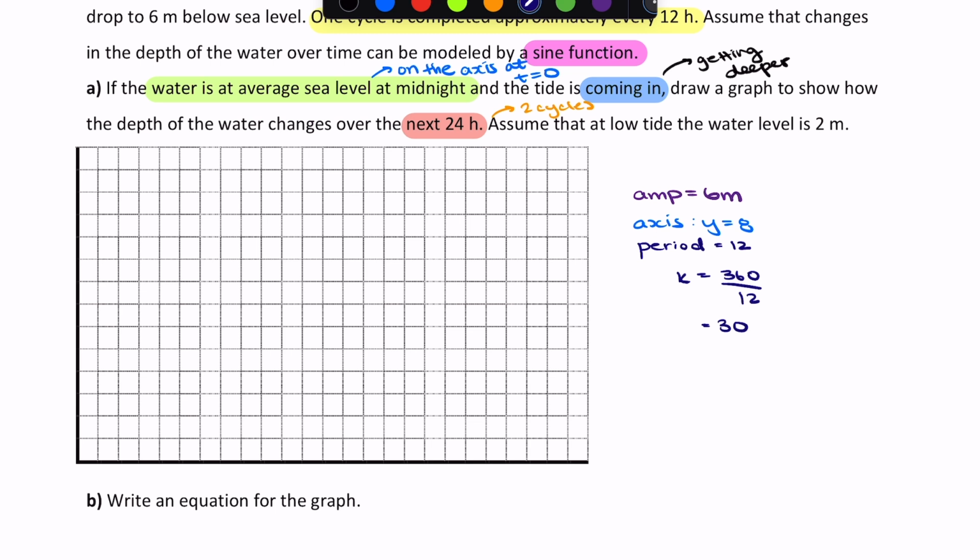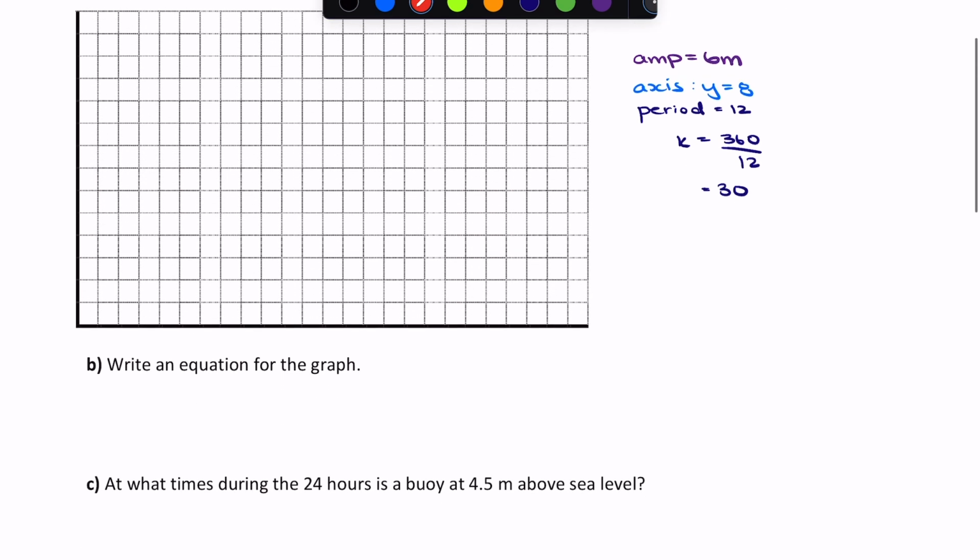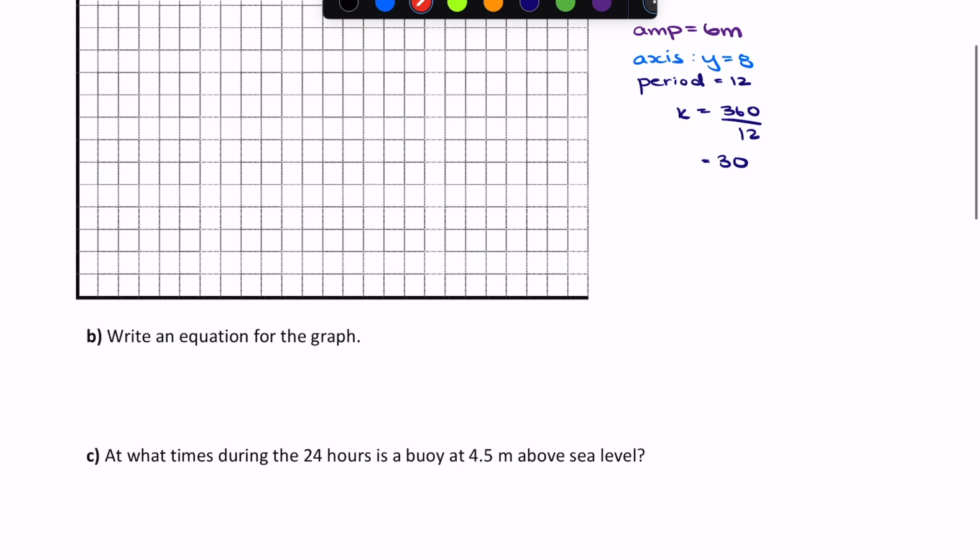Okay, so now let's label the graph. On the x-axis, we'll label this time since midnight, in hours. And then on the y-axis, we'll label this the water depth in meters.